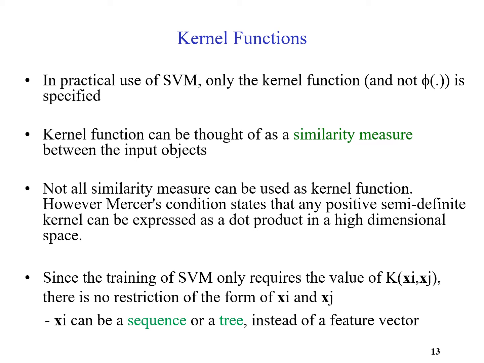So here your data type is a graph or network structure, and you want to apply SVM to it. Then you come up with a similarity measure for the network structure, and you make sure that the similarity measure satisfies Mercer's condition.